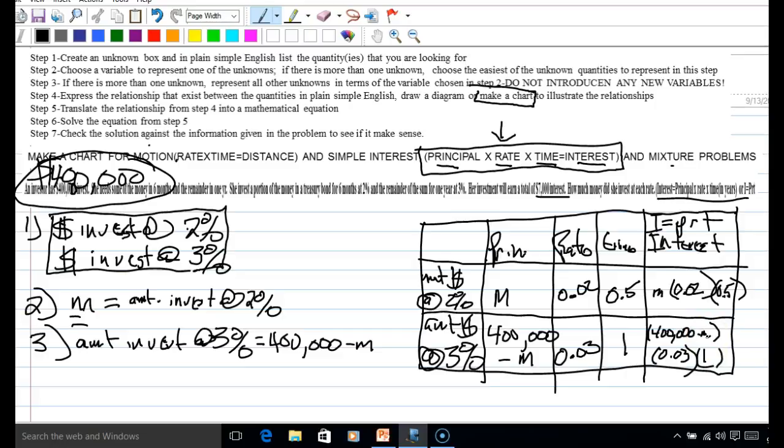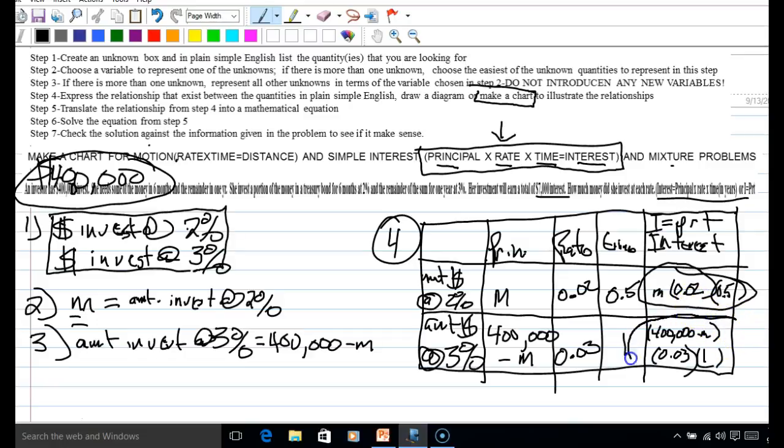Again, in order to solve these story problems, the easiest way is to follow this outline. So this is step 4, and anytime you have motion, interest, or mixture problems, you're going to make a chart. So now I've got to derive the equation. Well, this is the amount of interest that she earned on the money that she invested at 2% for half a year.